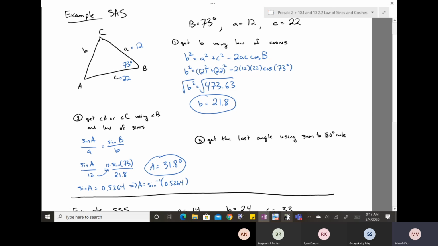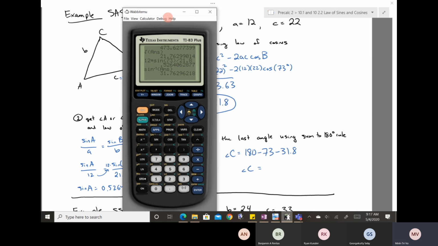Okay, so now we have angle A, and now we know two of the angles, right? So angle C is just 180 minus 73 minus 31.8, which is 75.2.